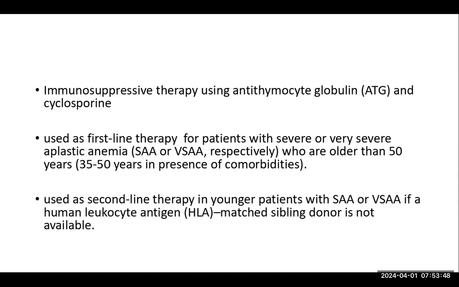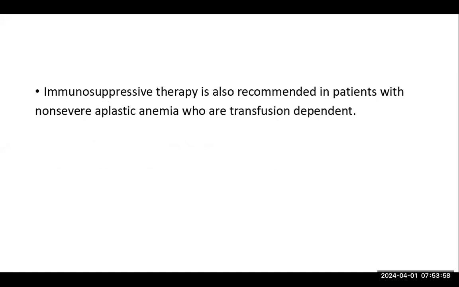Then it's a second line therapy for younger patients if the HLA matched sibling donor is not available. Immunosuppressive therapy is also recommended in patients with non-severe aplastic anemia that are transfusion dependent.